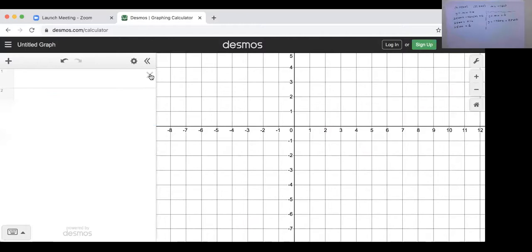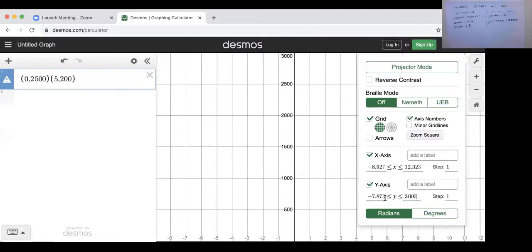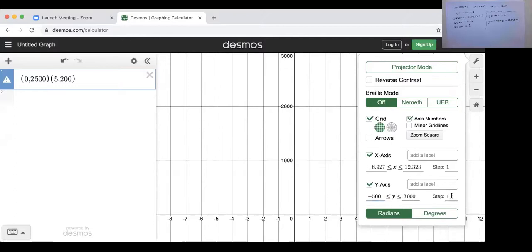So I have 0, 2,500, and I have 5, 200. And obviously, I'm going to need to change my window substantially. So on y, I better go up to something beyond 2,500, so maybe 3,000, negative 500, step 1,000, maybe.